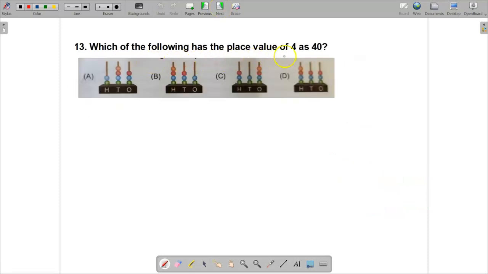Which of the following has the place value of 4 as 40? What is the place value?